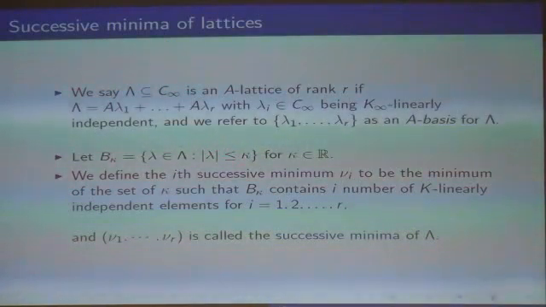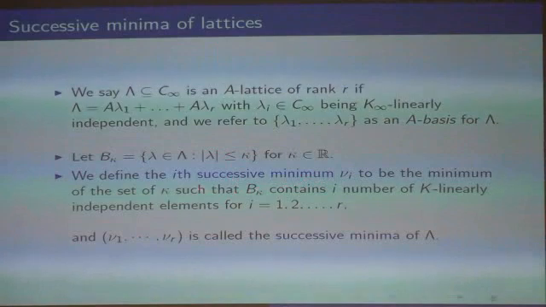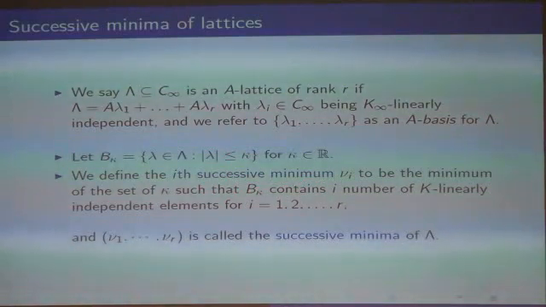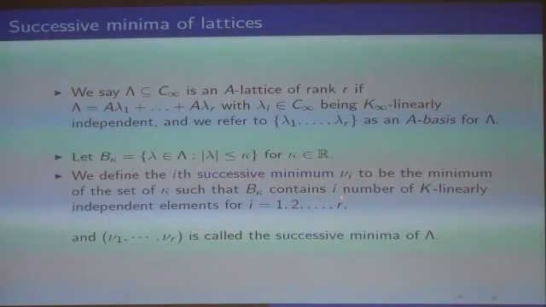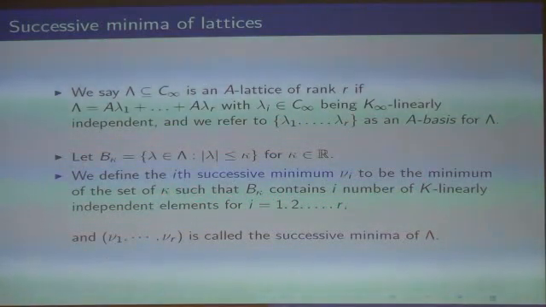For the first successive minimum, B_k contains just one linearly independent element. You take all such kappa, and then you take the minimum value of kappa. Then that is your new one.